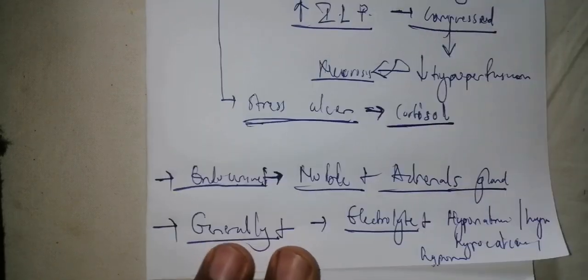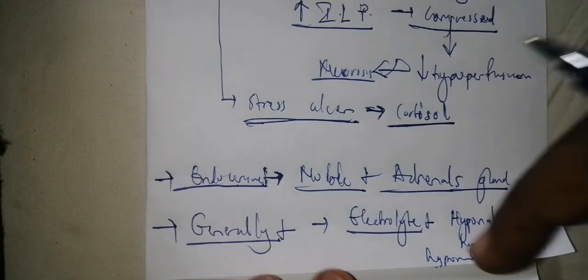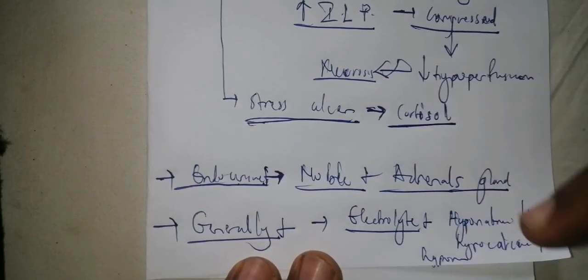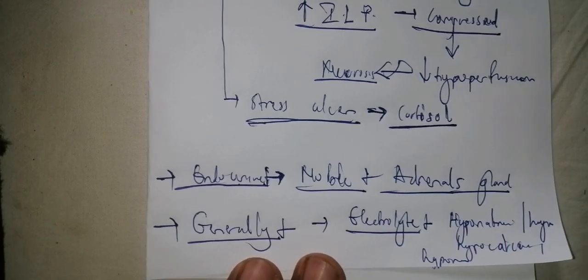Is it clear? All these hypo states are a result of reduced breastfeeding. It's another complication. So these are complications mostly associated with reduced breastfeeding, and not hypoxia. So hyponatremia, hypocalcemia, hypomagnesemia, hypokalemia come as a result of reduced breastfeeding.